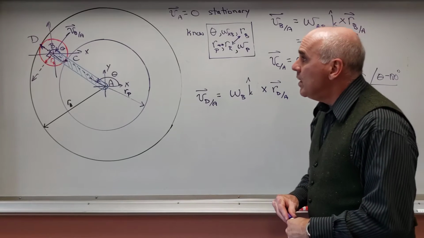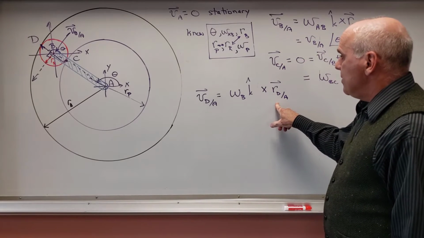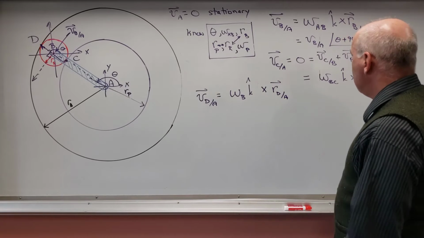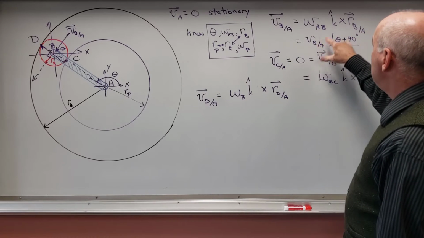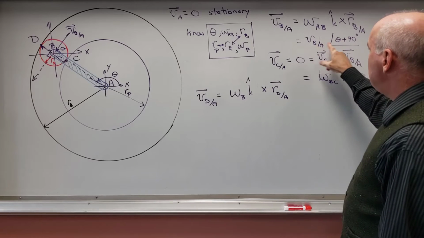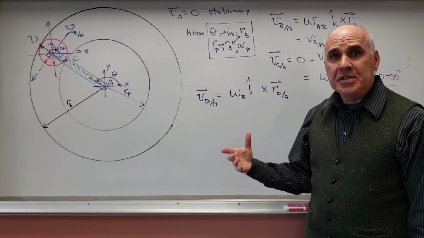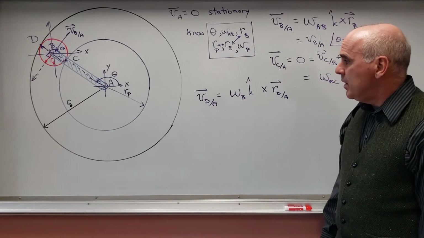All right, so I know what this is, and that's a vector quantity. It's going to be the 2 radii at an angle of theta. So I could write it out very similar to what I did here with the magnitude of the speed and the angle. I could put that in polar form and then transfer it into Cartesian coordinates as well.